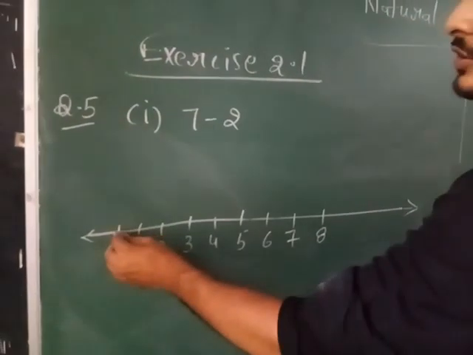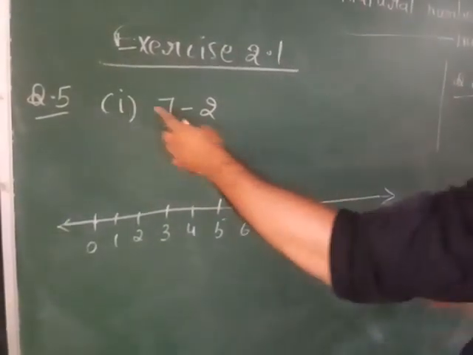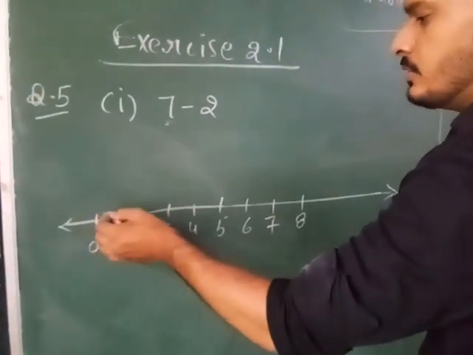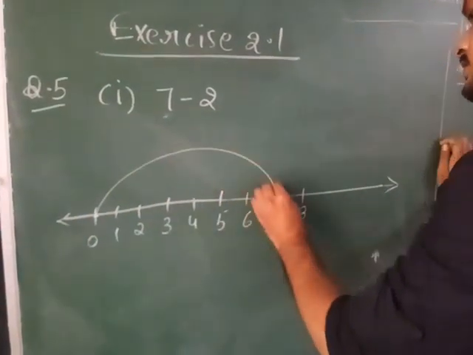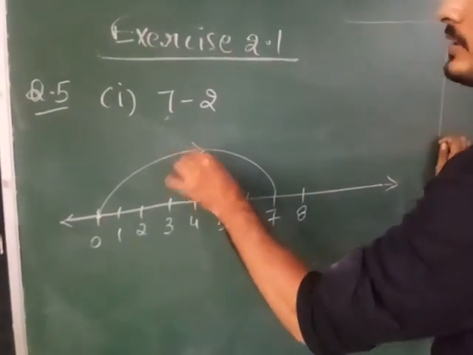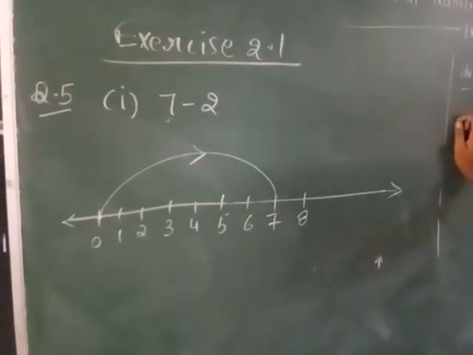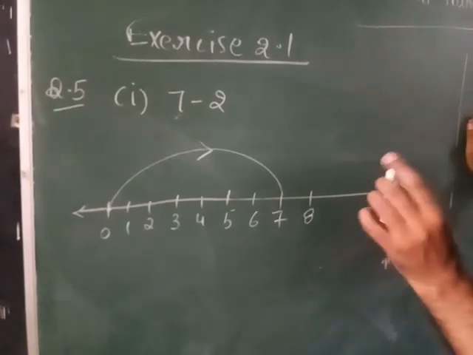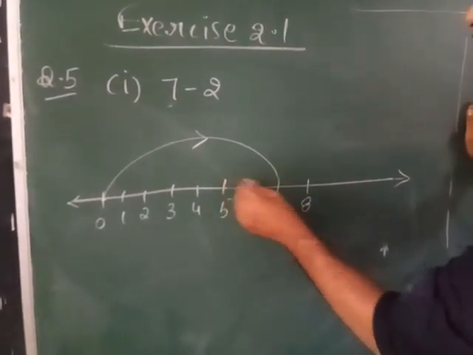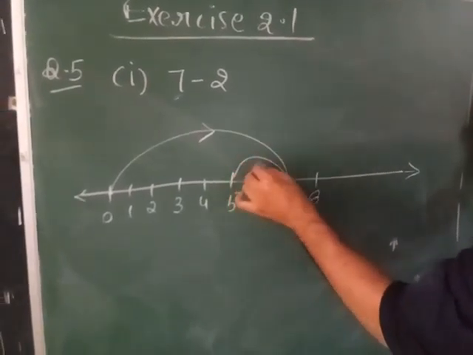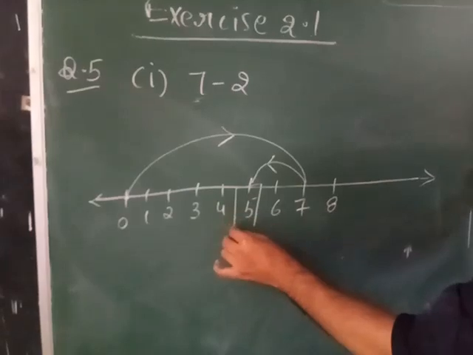Now we are standing on 0. First move 7 steps to the right because 7 is a positive integer. 1, 2, 3, 4, 5, 6, 7. And show the direction of movement by the arrow. Now as minus 2 is a negative integer, we will move 2 steps backward. 1 and 2. Make an arrow in the direction. So 5 is your answer.